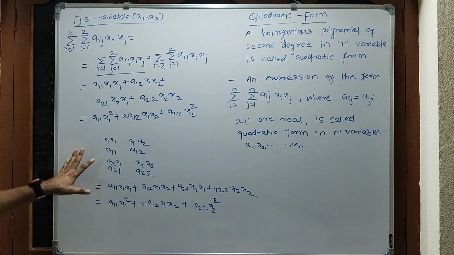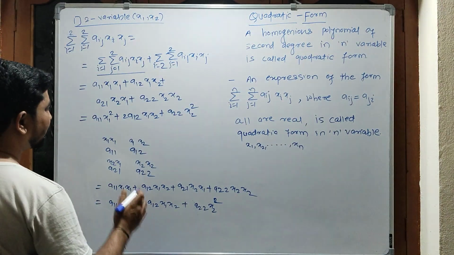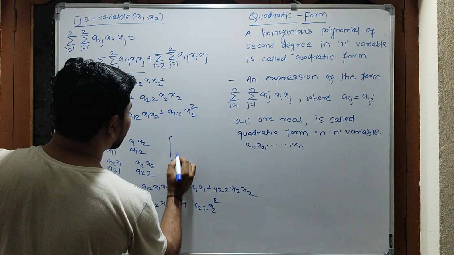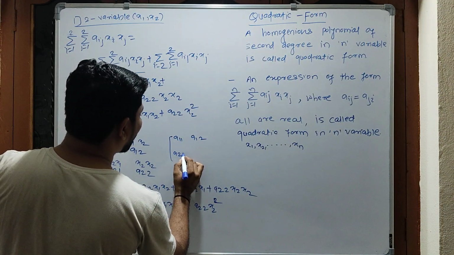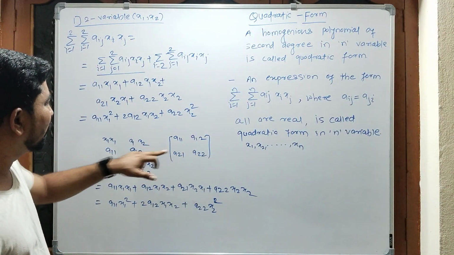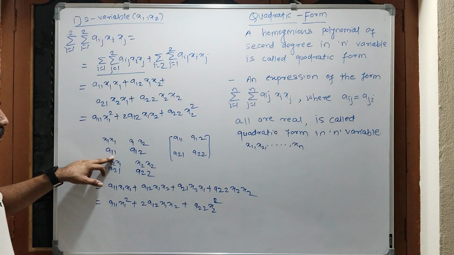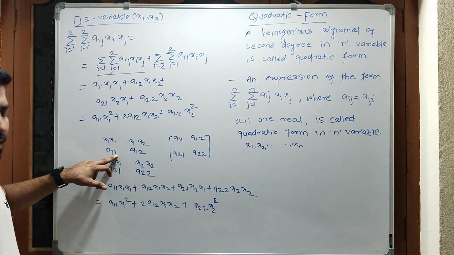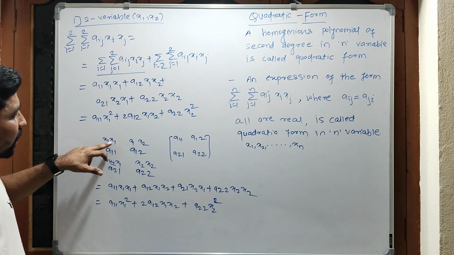So first write any matrix. Let's say this is the matrix A11, A12, A21, A22. This is the first row. Here A11, this 1 corresponds to the first unknown x1, and this one also corresponds to the unknown x1. Here this is 1 1, that's why I write x1 x1.